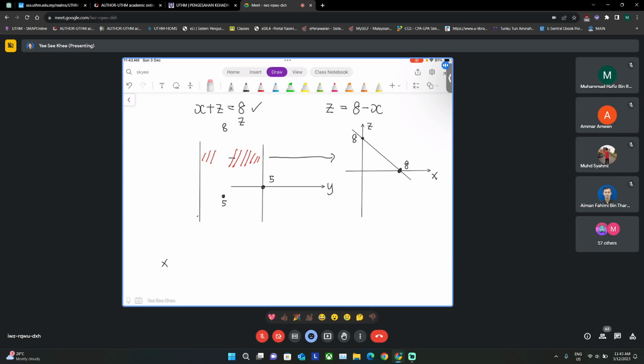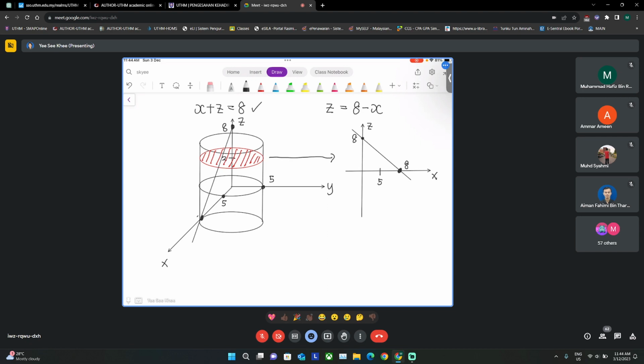You cut your cylinder like this, and you can draw in a plane shape. If you want to draw in a plane shape, it's okay. But if you want to reflect the cylinder in the 2D diagram, it will be something like this, because the cylinder has a radius of 5.